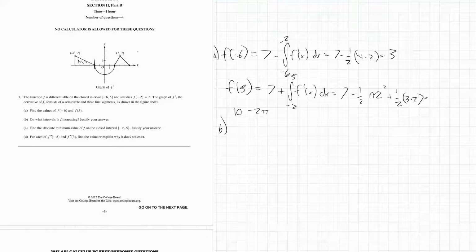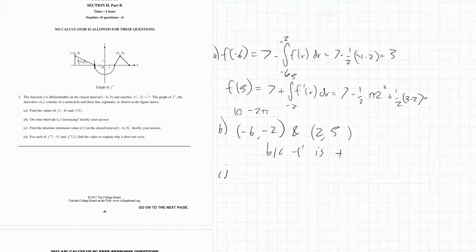So we just need to find the intervals where it's positive, which are negative 6 to negative 2 and 2 to 5. Those are the two intervals, and it is because f prime is positive. Obviously, you could write that out more clearly.